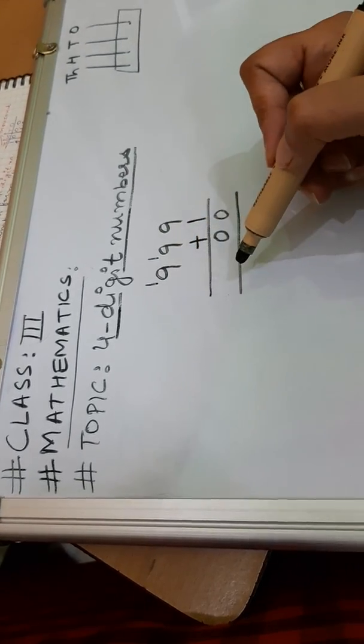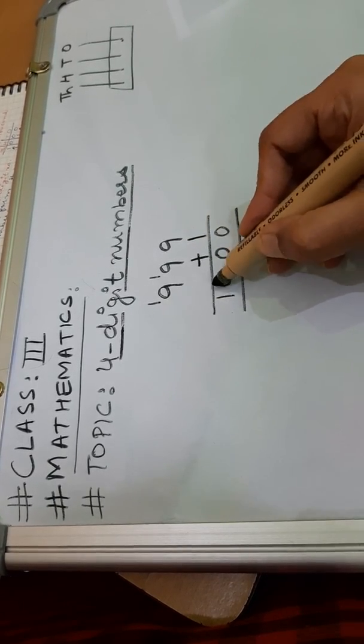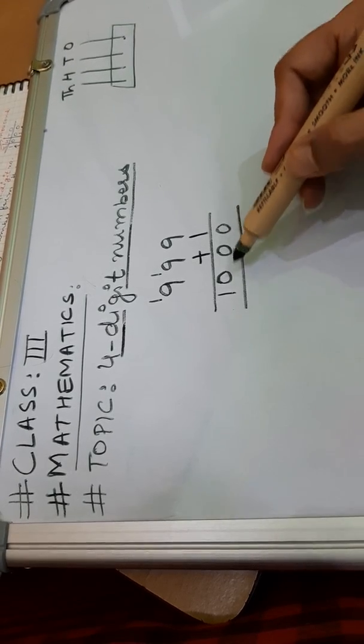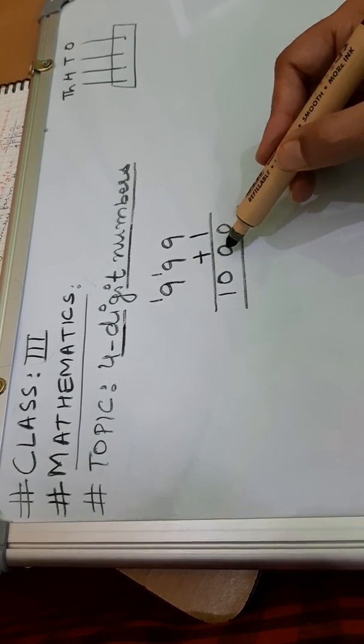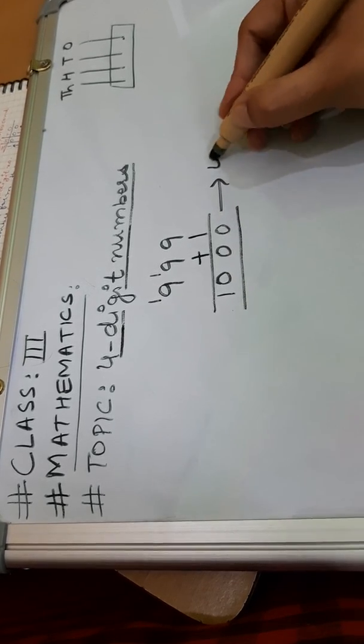Again 9 plus 1 is 10, so I'm going to write 10 over here. So now how many digits are there? 1, 2, 3, 4. 4 digits are there, so this is a 4-digit number.